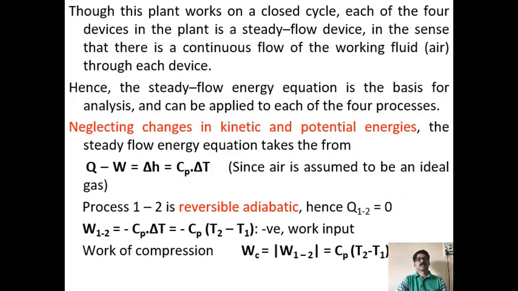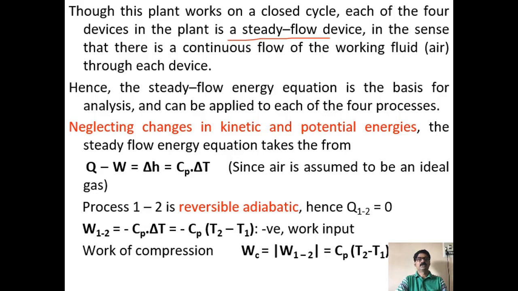Though this plant works on a closed cycle, each of the 4 devices of the plant is considered a steady flow device. Which are the 4 devices? Compressor, the heat exchanger where heat is added, then the turbine, and one more heat exchanger where heat is rejected.